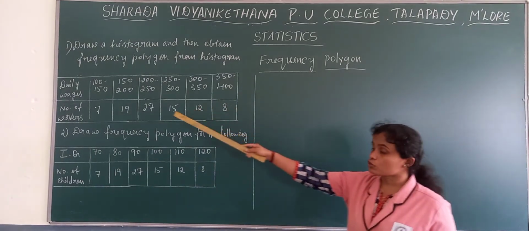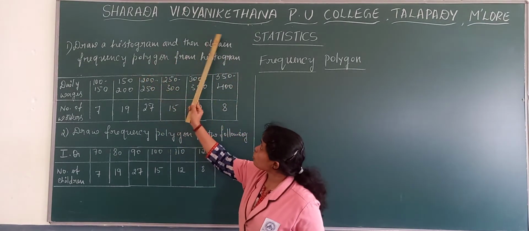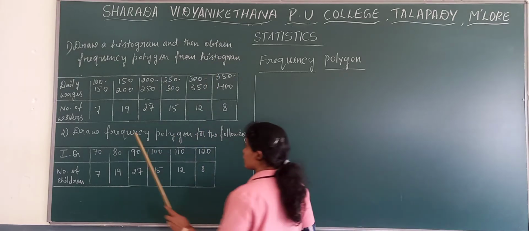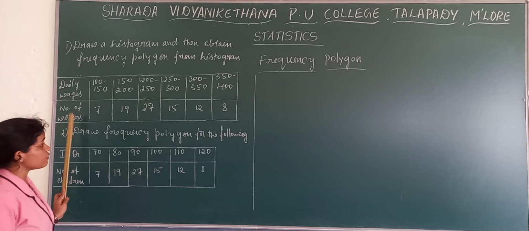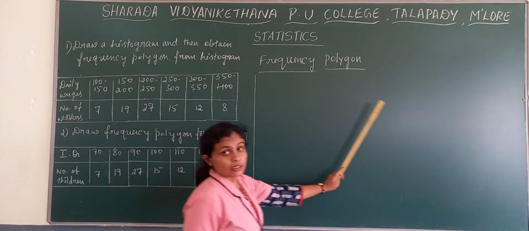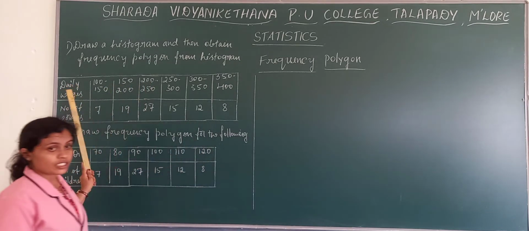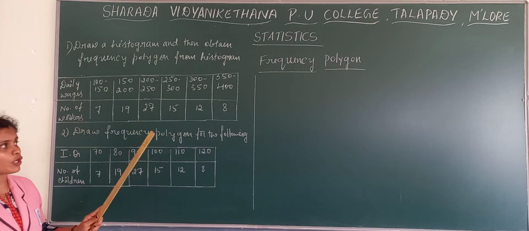We'll see how to draw a frequency polygon by using a histogram. Take the first one, daily wages and number of workers are given. Here we are drawing the frequency polygon for daily wages of number of workers.